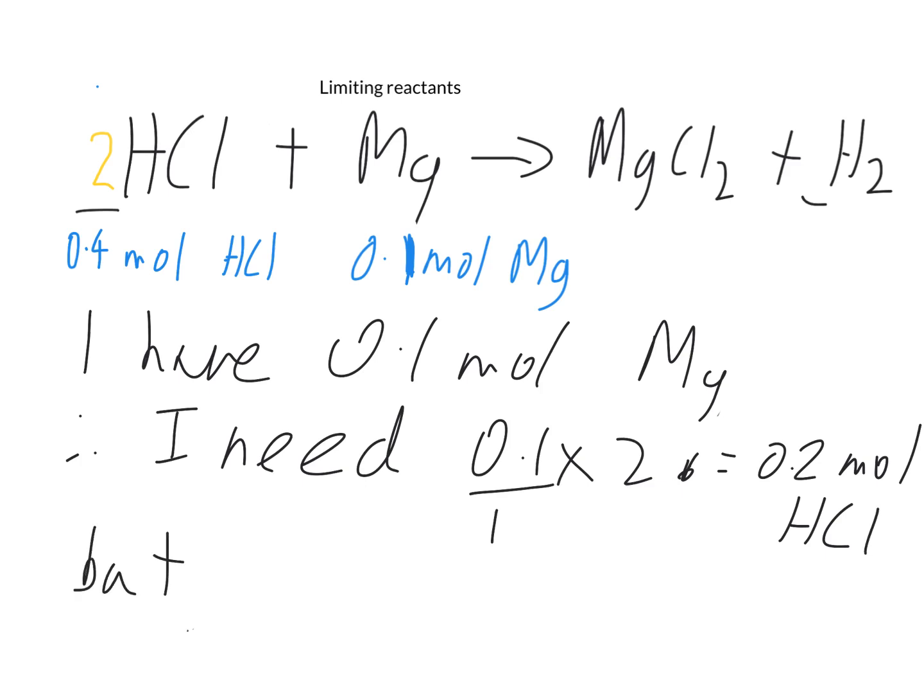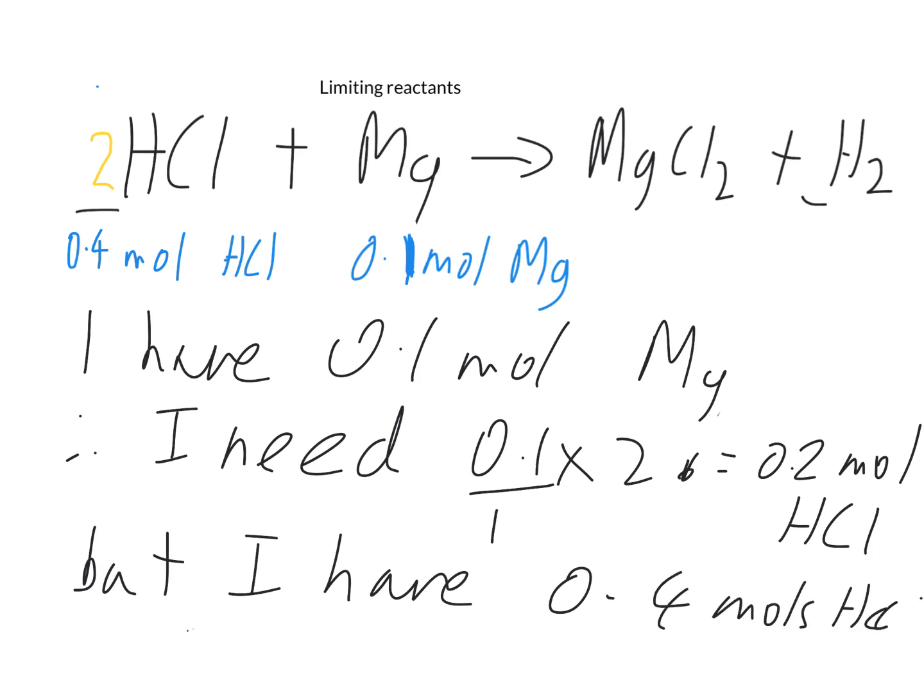But I have 0.4 moles HCl. So in this case, I need 0.2, but I've actually got 0.4 moles HCl. So what can I say here? I can say HCl is my excess. I've got way more HCl than what I need. HCl is not going to run out. I need 0.2, I've got 0.4. So in other words, if HCl is in excess, my magnesium is limiting.